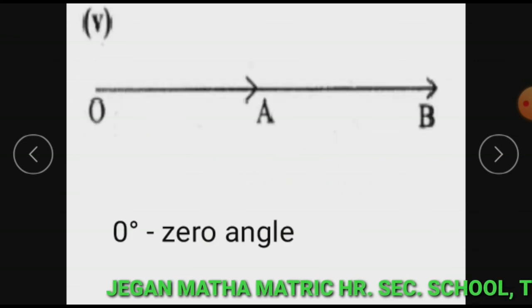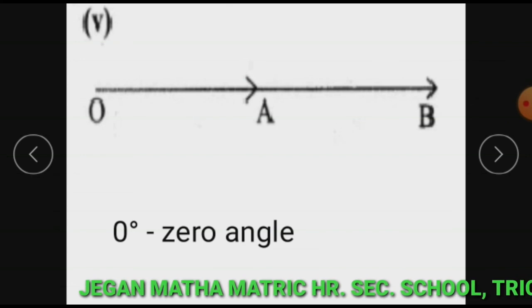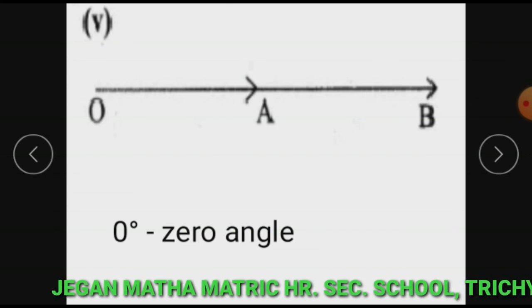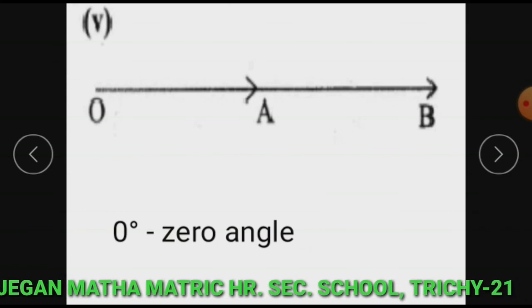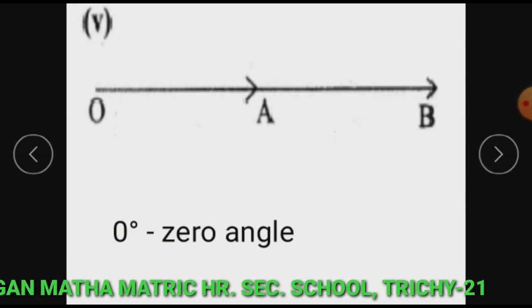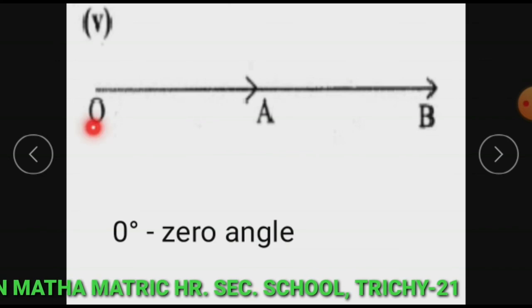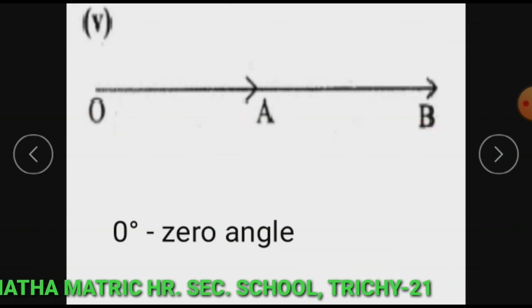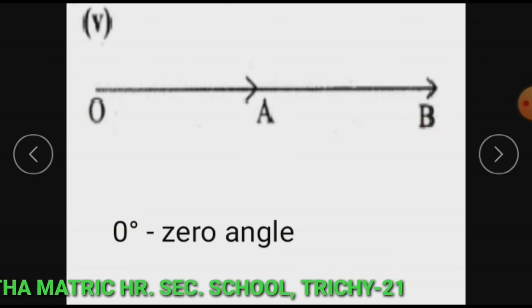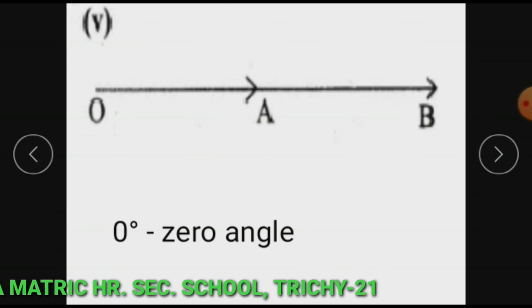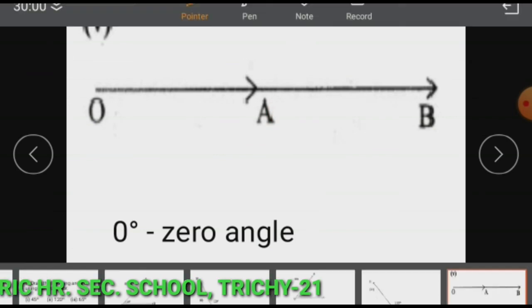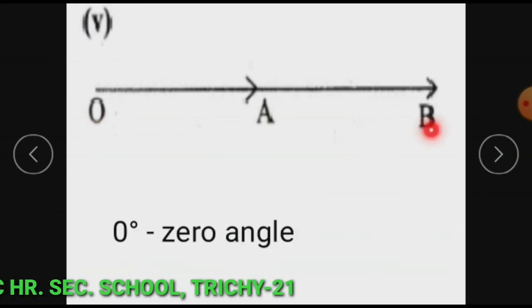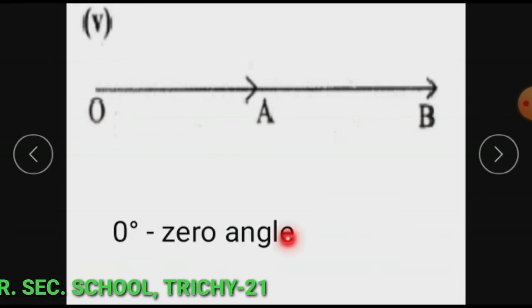Question number 5. 0 degrees. 0 degrees is known as zero angle. So the angle of the figure OAB is at 0 degrees. So the line OA lies on line OB, which forms a zero angle.